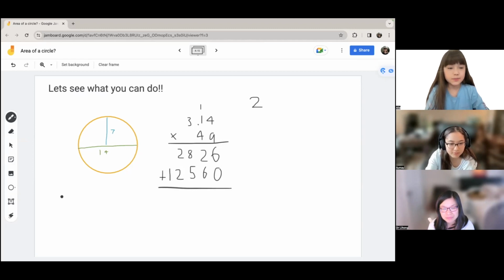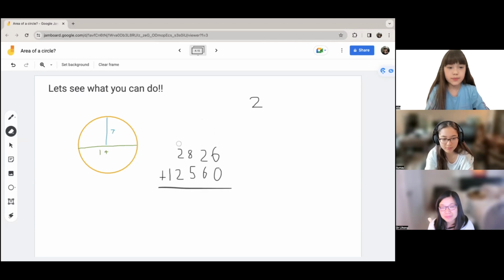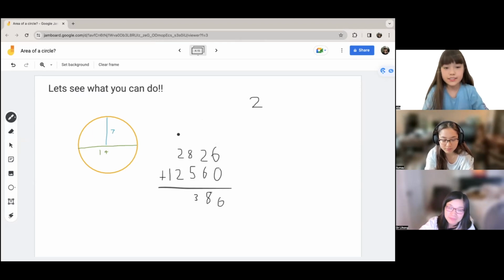We'll get our number. So I'm gonna erase this so we have some more space up here. 6, 8, and then we've got 13, 5, and then there's our answer.